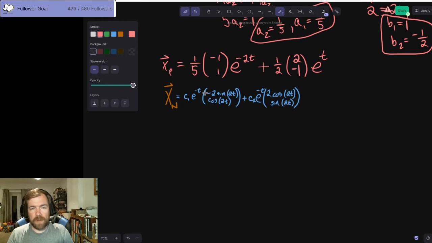Alright, so we get our null space solution, we get our particular solution, and now our total solution, if we just want to call it X vector as a whole, is going to be all of that stuff summed up.